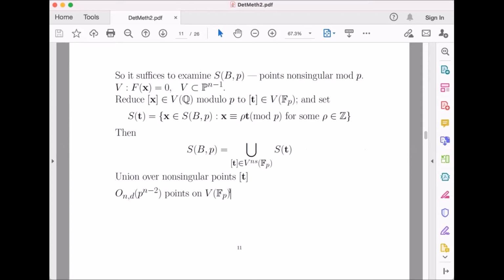We have one constraint, so we would expect exactly p to the n minus 2 solutions. There are some tiny complications in proving that, nothing serious. It really is just a trivial bound. Thank you. And we don't need anything more.